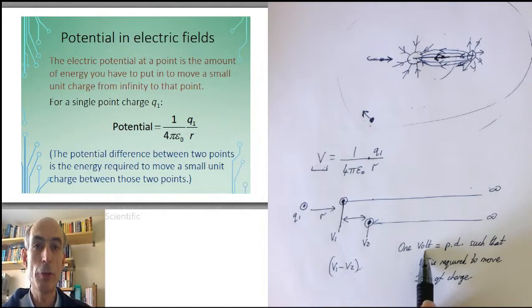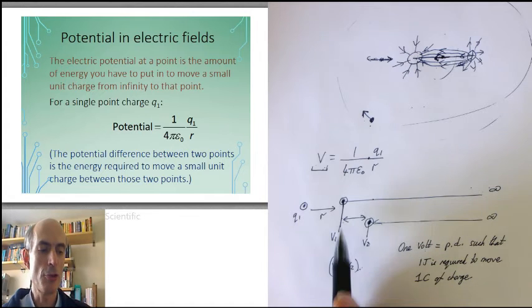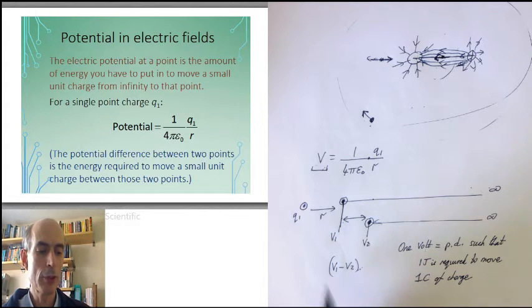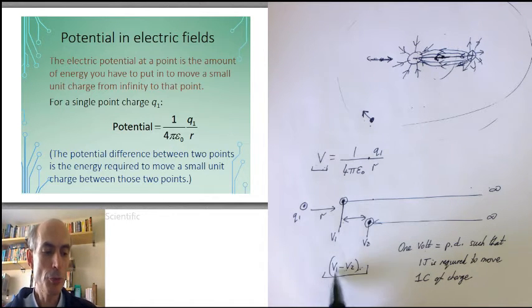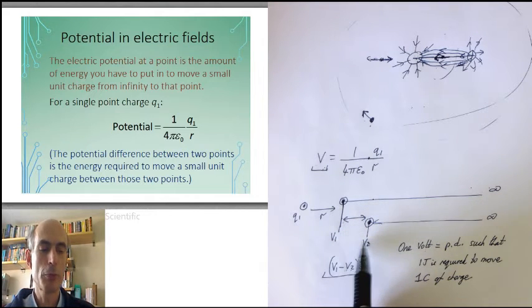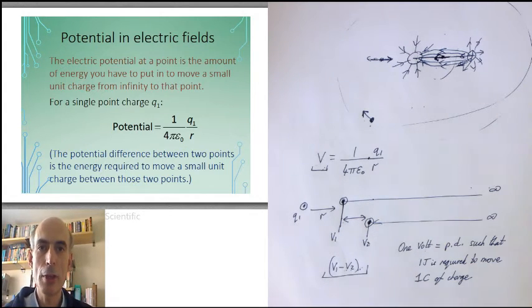Voltage is defined in terms of the energy required to move a charge between those 2 points. But that's exactly what we're calculating here when we're calculating the electric potential. So this potential difference here is a difference in voltage between these 2 points. Same thing.